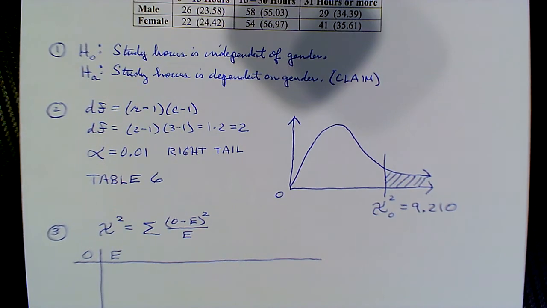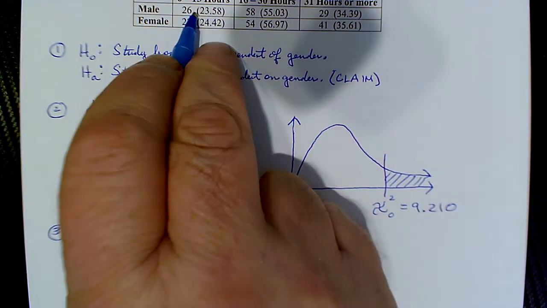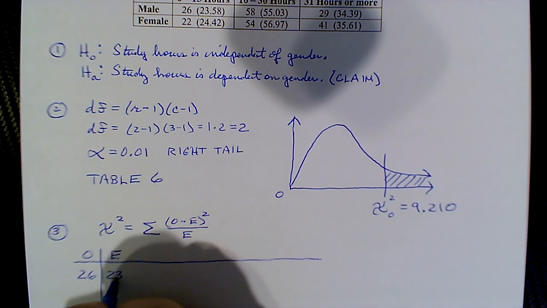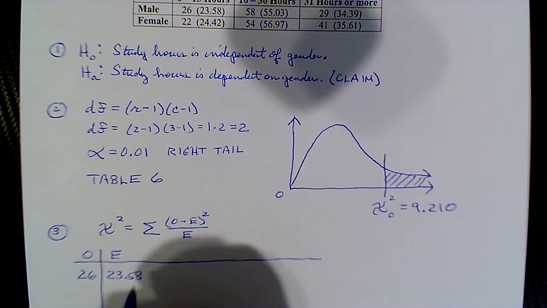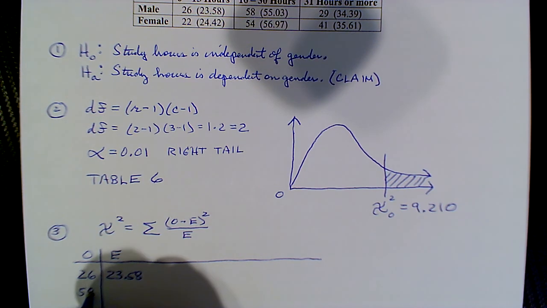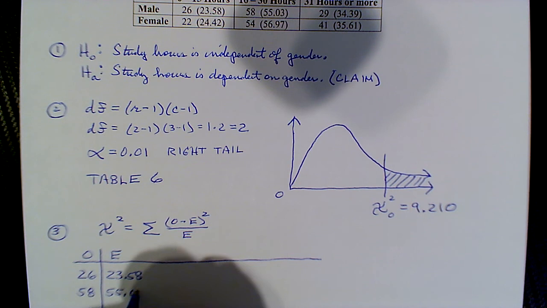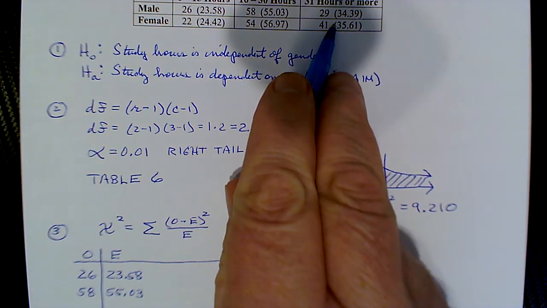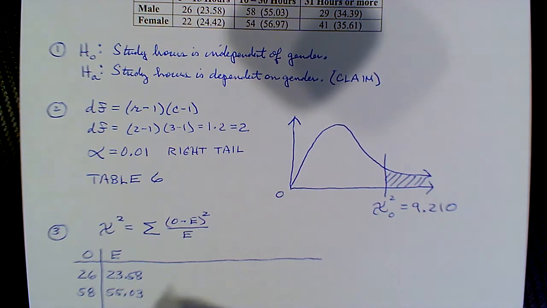Okay, so I'll fill in the first two while we can see them. 26 for the observed, 23.58 for the expected, 58 for the observed, 55.03 for the expected. Next one, 29 and 34.39.